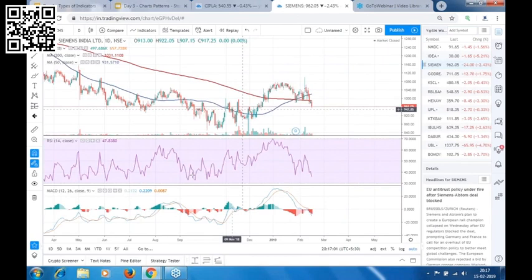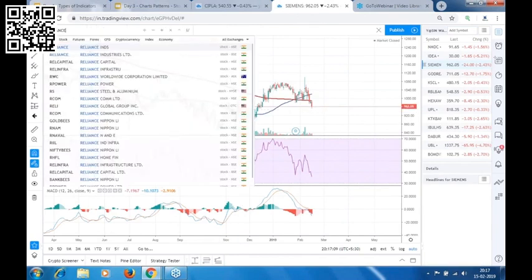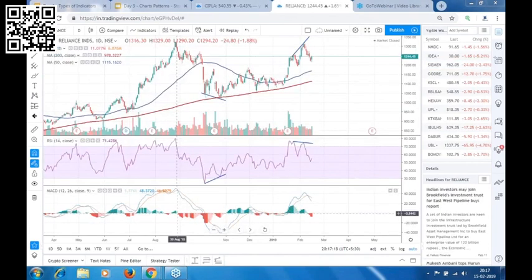And the line in the middle is known as your signal line. Whenever this blue line, that is your 12 period moving average, crosses the 26 period moving average in an upward direction, then you can see how the stock is also moving up. And whenever this 12 period moving average crosses the 26 period moving average in the downward direction, we can see some pullback in the stock.